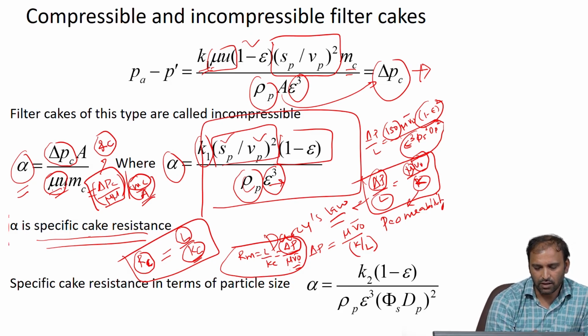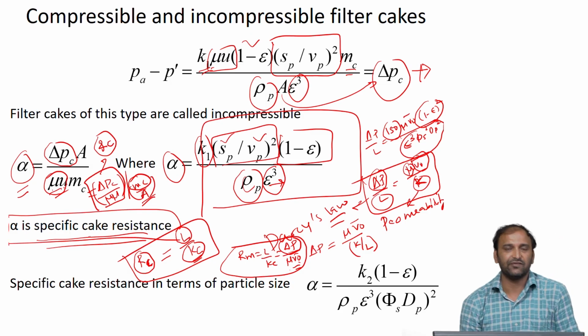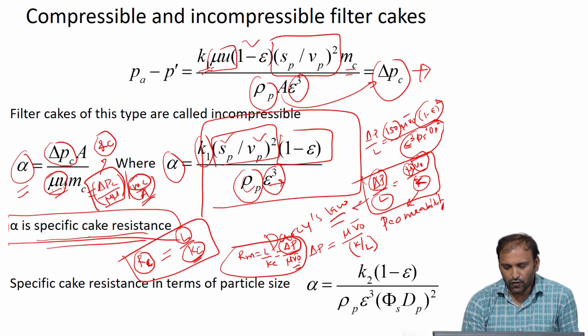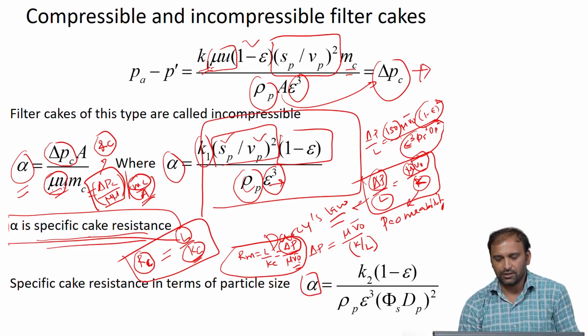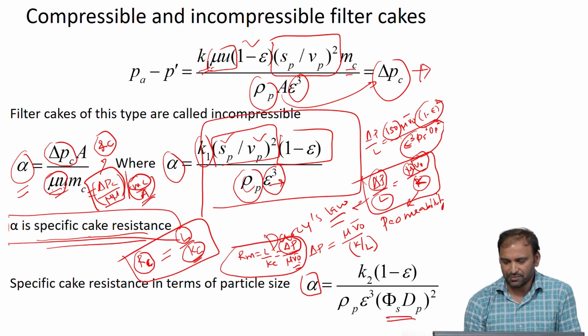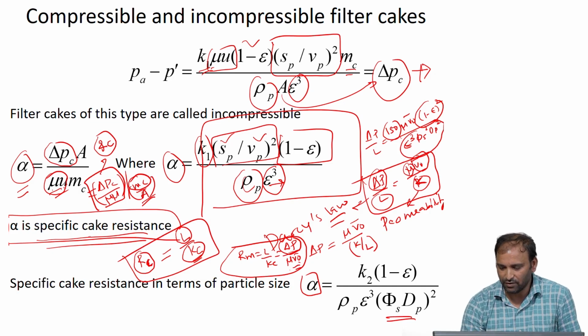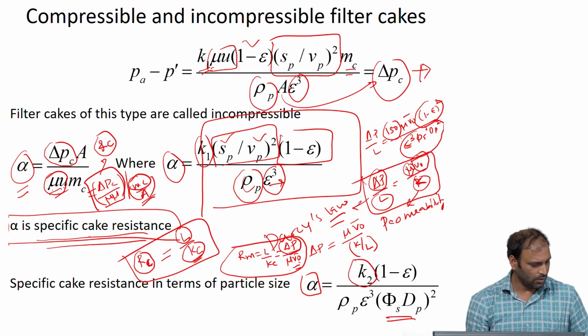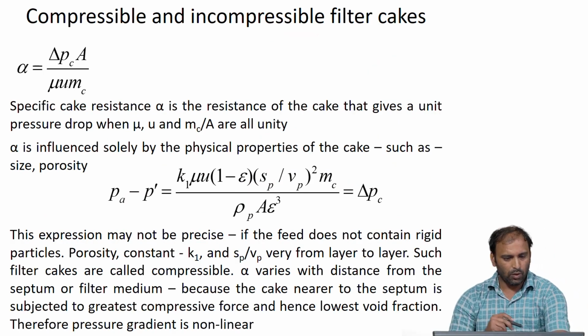That's the concept of the specific cake resistance. Of course, I can express alpha also in terms of phi A squared dp squared. That's going back to the starting equation. Only thing is, instead of k1, I'm going to have some other constant k2.